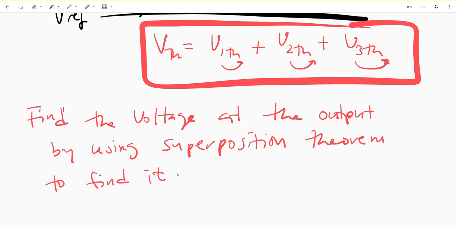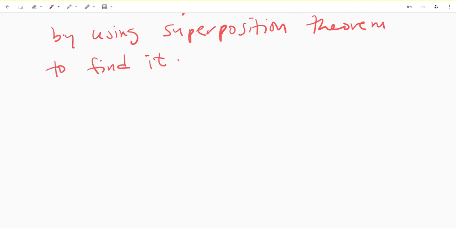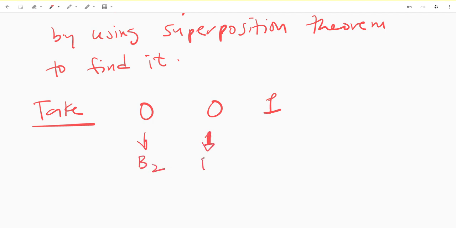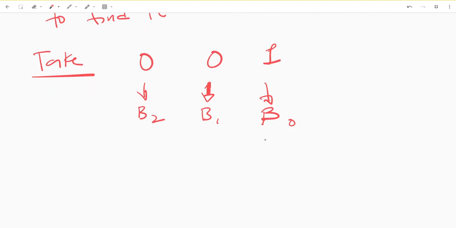So we'll begin by, let's say we take 0, 0, 1, where this is B2, this is B1, and this is B0. This is the least significant bit, and this is the most significant bit.